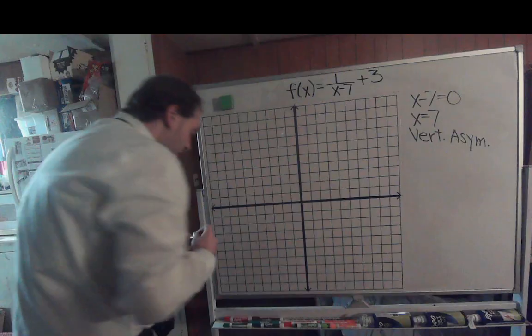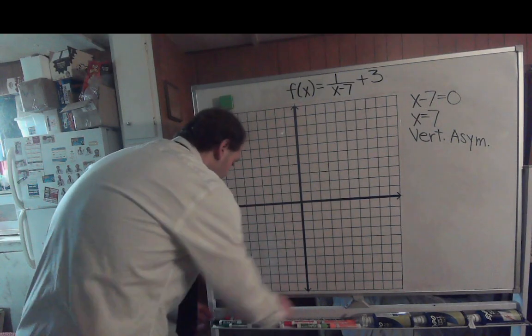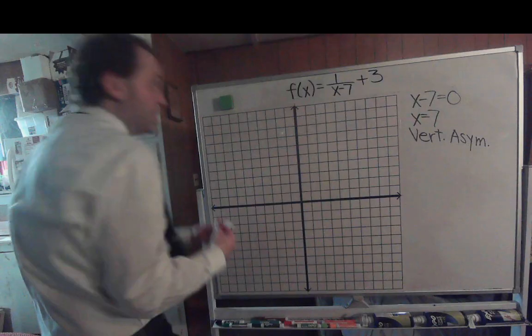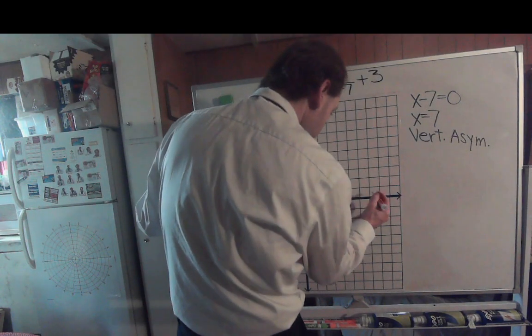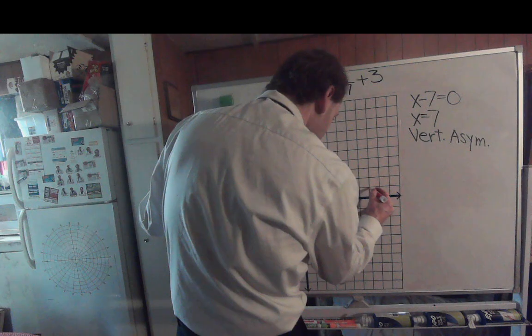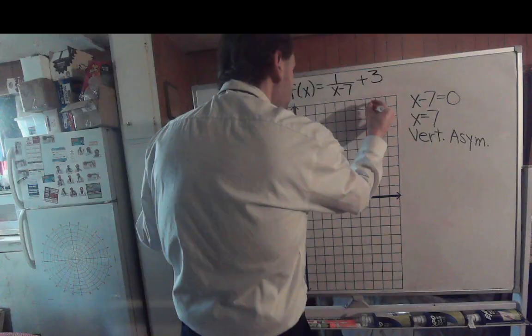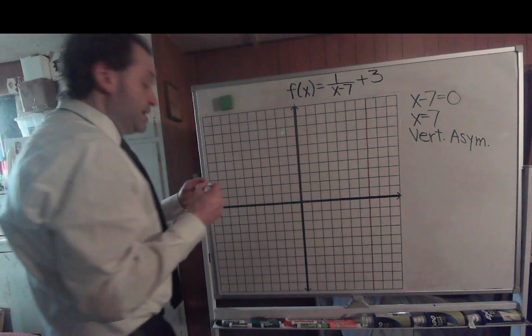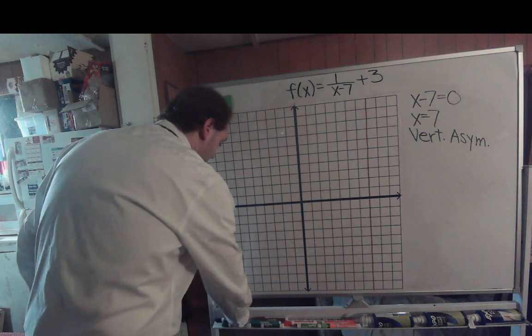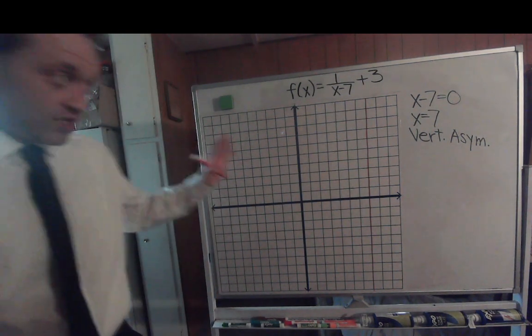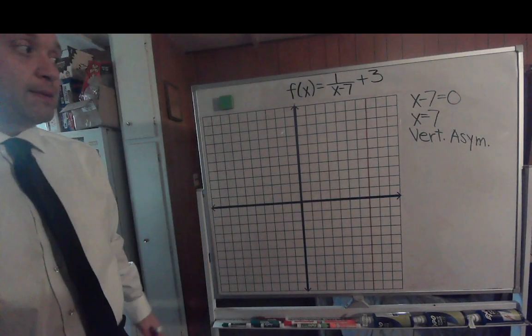So why don't we go ahead here and draw our vertical asymptote at the point x equals 7. All right. Now, what about a horizontal asymptote? So we know everything shifted to the right 7 units, right?